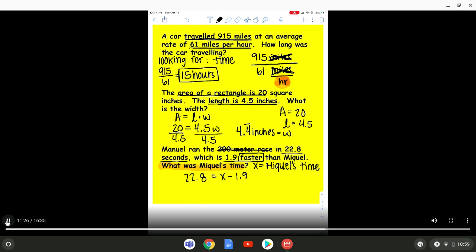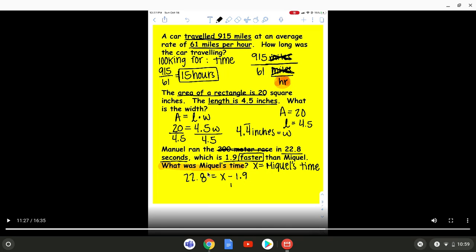So here, I know that X is Mikkel's time. And the reason I'm subtracting 1.9 is because Manuel ran faster than Mikkel, so I know that this X has to be bigger than 22.8. So if I were to do X plus 1.9 over here, I would end up subtracting 1.9 from both sides, and I would get a smaller number for X. So that's not going to work.